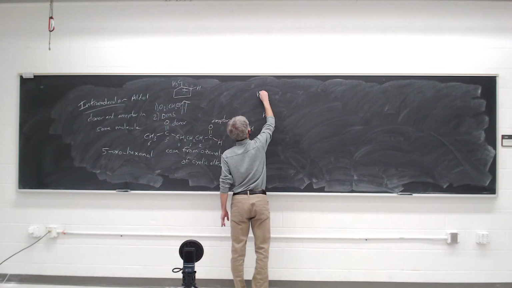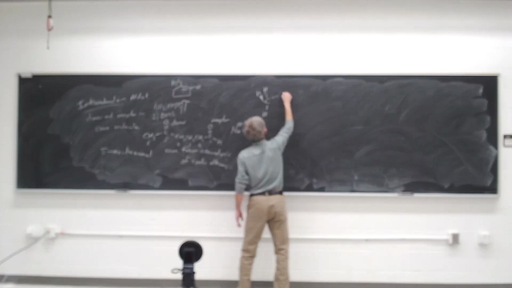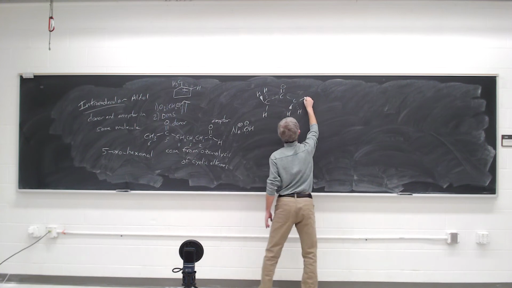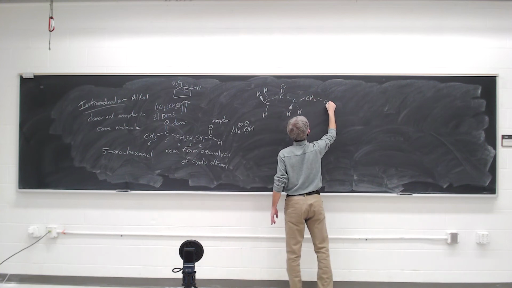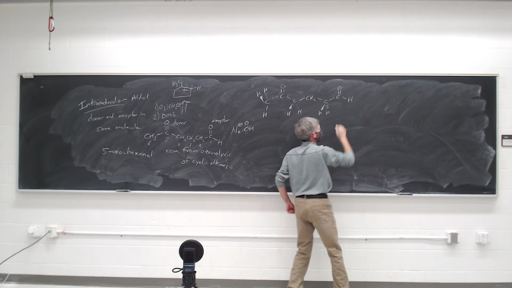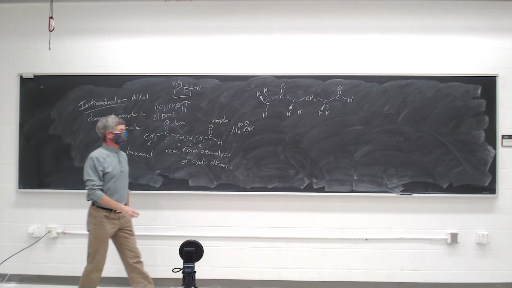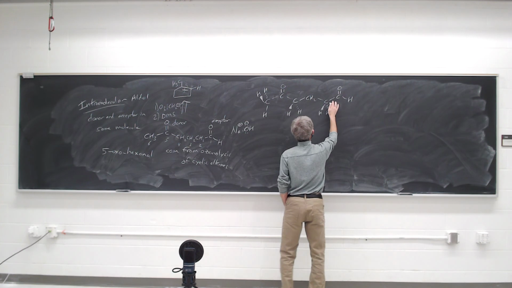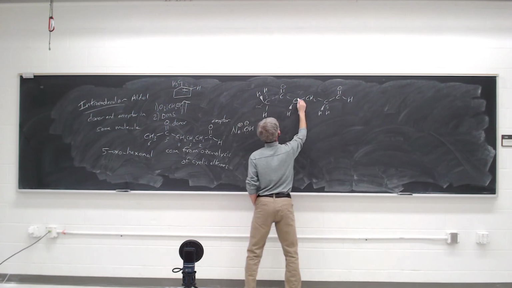To help us think about that, I'm going to redraw the molecule, all the alpha hydrogens drawn in explicitly. So there are 3 different alpha carbons, one on each side of the ketone and one next to the aldehyde.